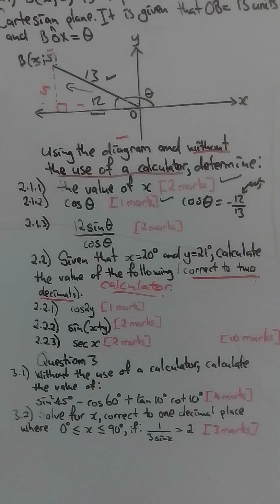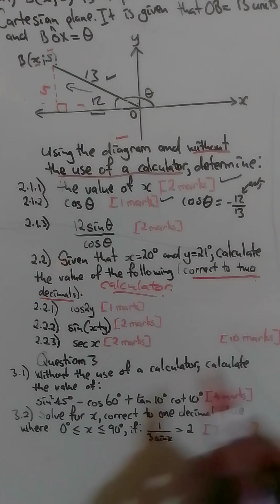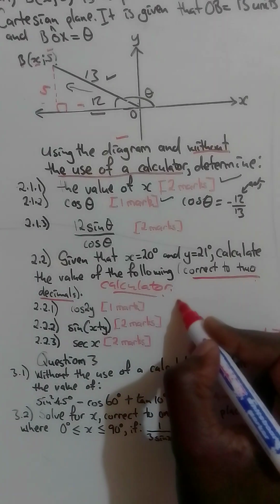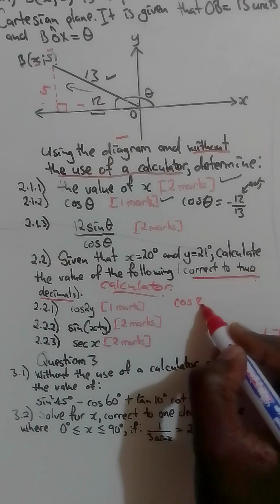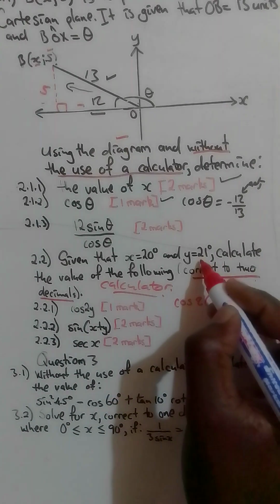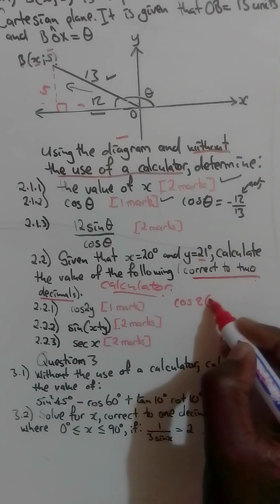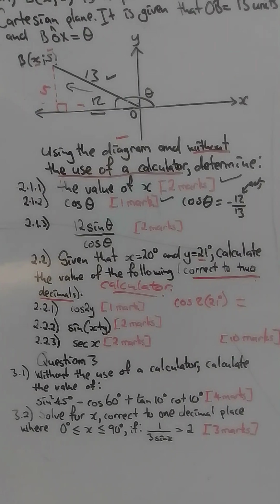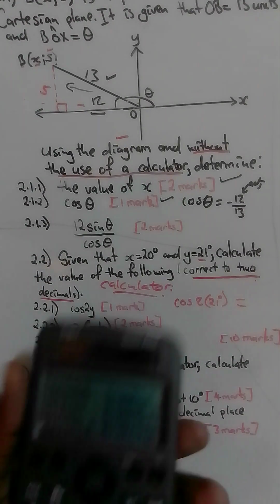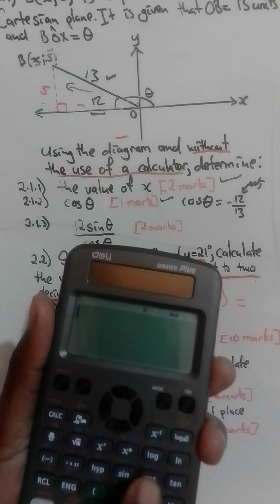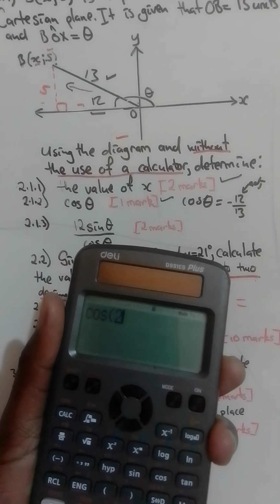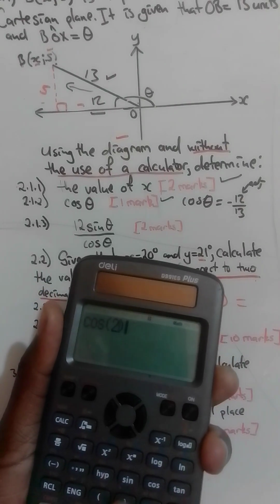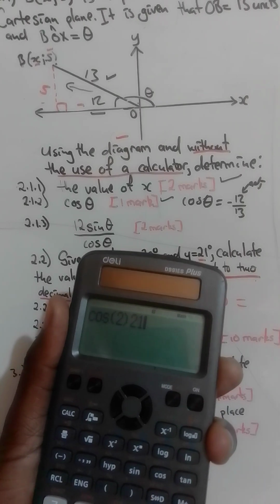Right? So now they say cos 2y. What is cos 2y? So now I come here and I say cos 2y, it is cos 2 multiplied by the value of y, which is 21 degrees. Then I take my calculator, because it is 1 mark, I just now say cos 2 multiplied by what?